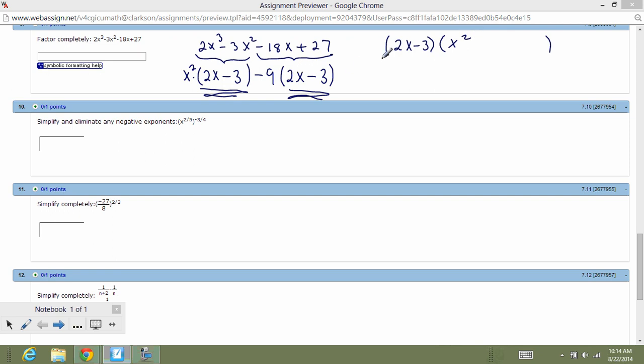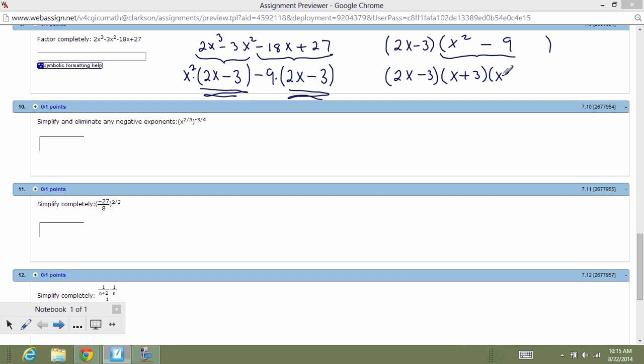And dividing the 2x minus 3 from the minus 9 times 2x minus 3 leaves us with a minus 9. Now, that is factored, certainly, but it is not factored completely, because you should identify the x squared minus 9 as a difference of squares. And so it can be factored into the conjugate pair, in some order, of x plus 3 times x minus 3.